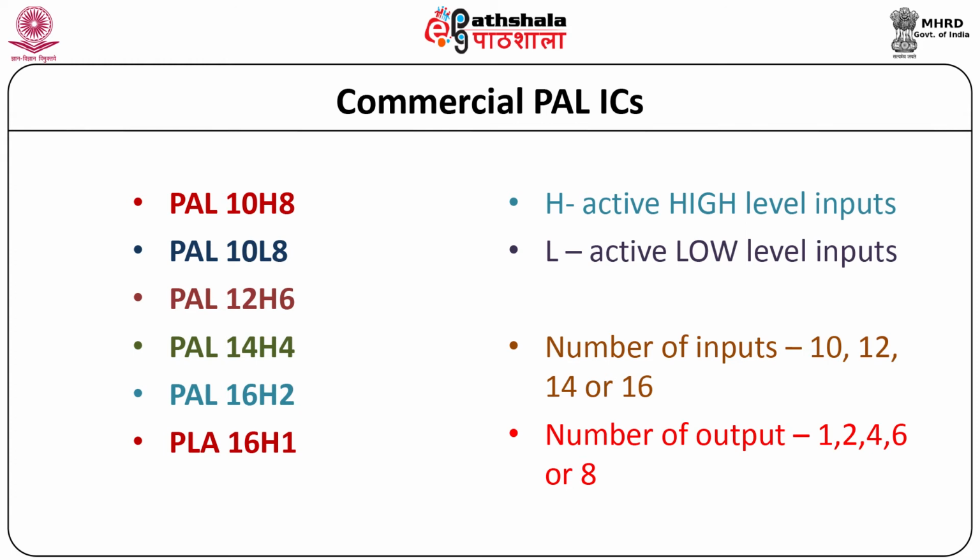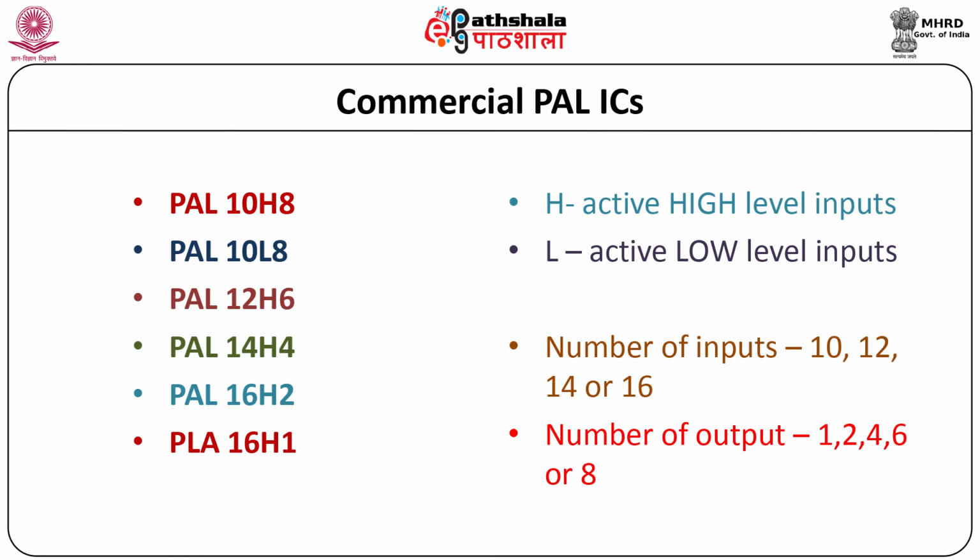Now, let us discuss some of the commercially available PALs in the market. Some of the PAL ICs are PAL 10H8, PAL 10L8, PAL 12H6, PAL 14H4, PAL 16H2, PAL 16H1.